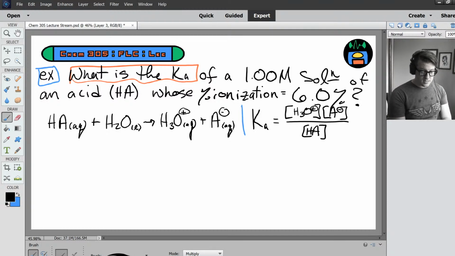To find the concentration at equilibrium for hydronium and conjugate base, you take the initial concentration of acid, and you multiply it by the percentage you're given. In this case, I'm going to move this over here.